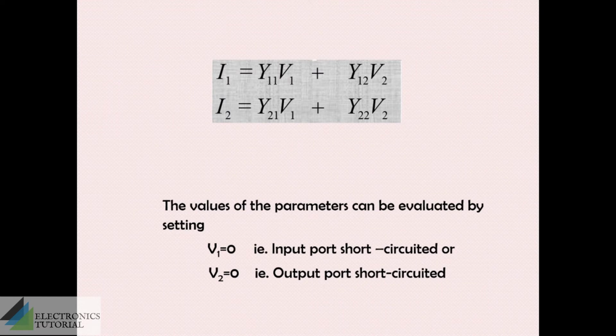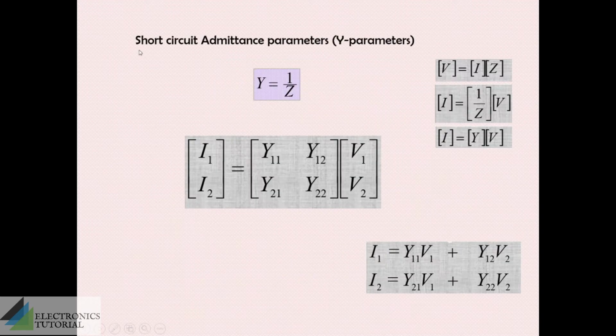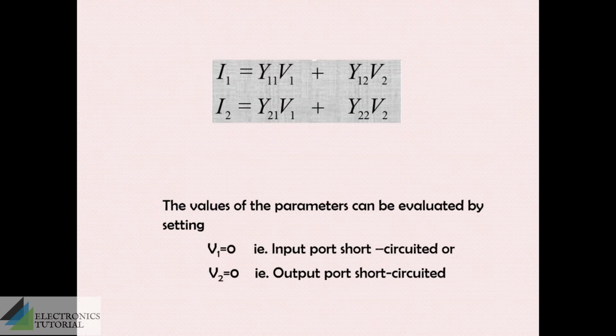Now we are going to evaluate the Y parameter values. The step for obtaining the Y parameter values is to short circuit our network. From the name itself, it is clear that admittance parameters can be obtained by short circuiting the circuit. The short circuiting can be done as a two-step procedure.